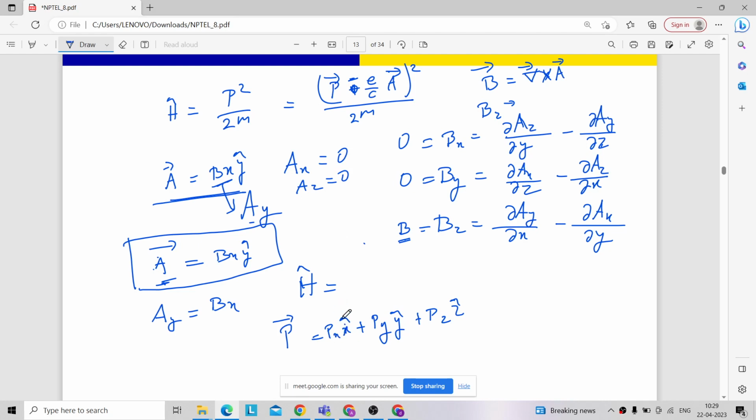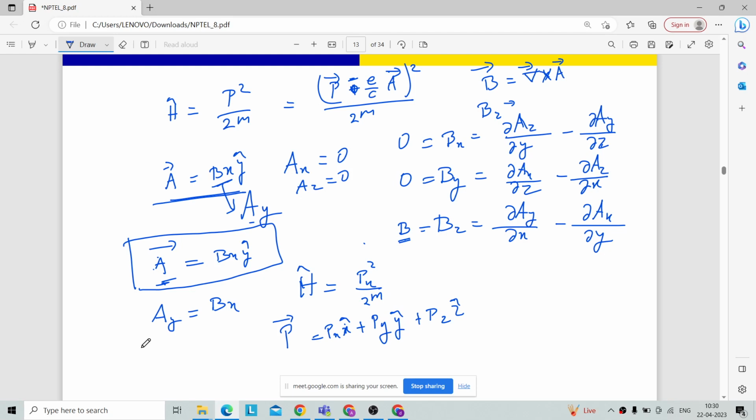So the x component of A will be added to the x component of P, and similarly for the other components. So you see there is no x term for A. So the x component will remain as Px, right? And there is no x component, so it will be Px square divided by 2m.